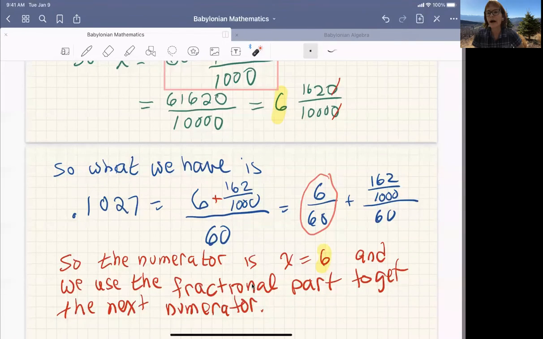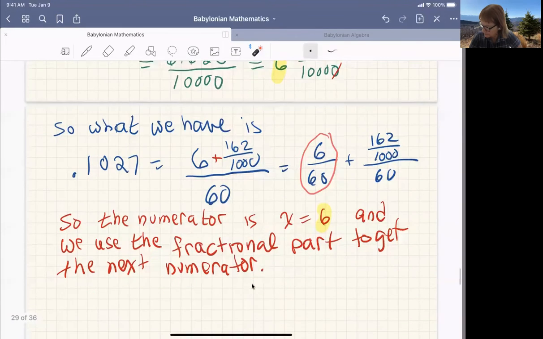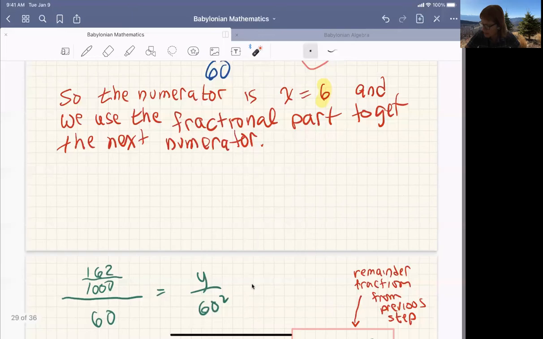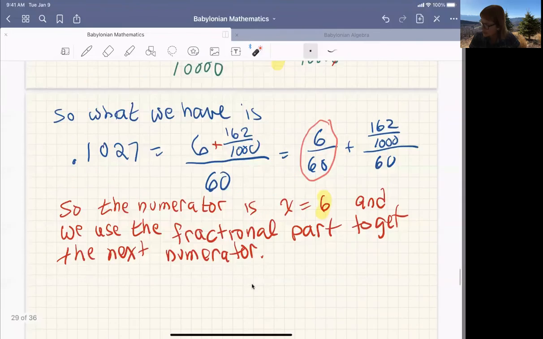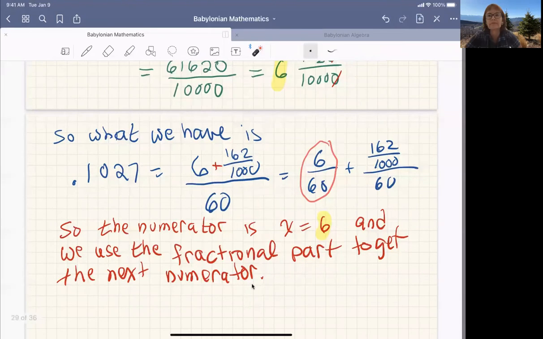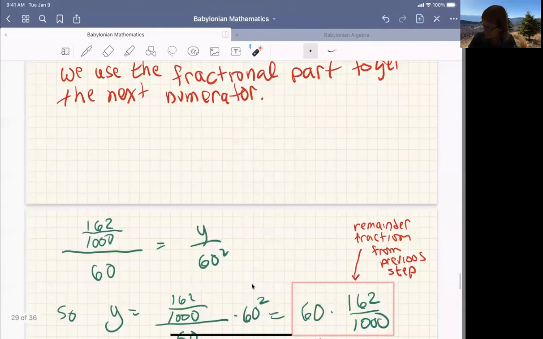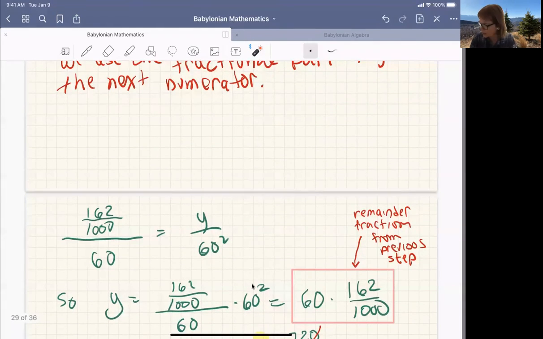So now we want to figure out, what does the numerator Y have to be if the denominator is 60 squared? Okay, so this looks a bit messy, but we have the numerator that we're looking for, Y, divided by 60 squared is equal to this messy part here. I'll show you why I didn't bother simplifying it. So I'm going to multiply both sides by 60 squared.